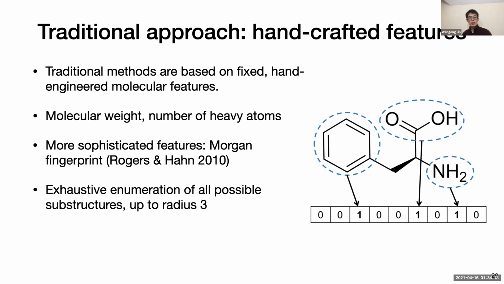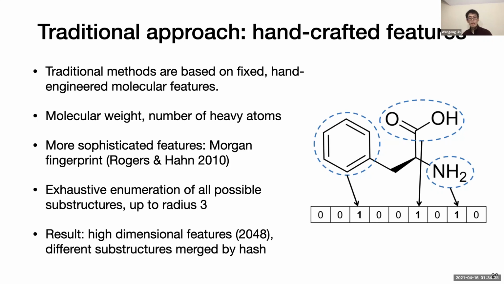Even though it is conceptually simple, in practice it is quite intensive, because you need to enumerate possible substructures up to radius 2 or 3, and molecules are combinatorial, so you have a lot of possible substructures. In the end, you get a very high-dimensional feature.